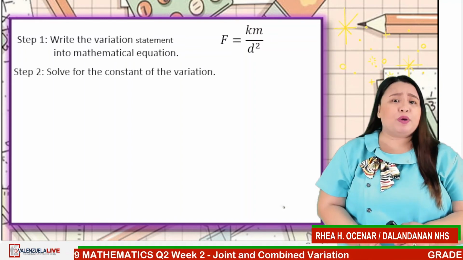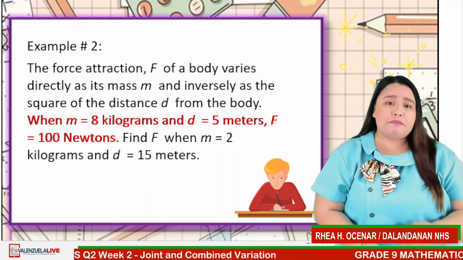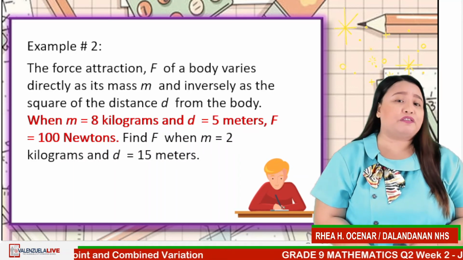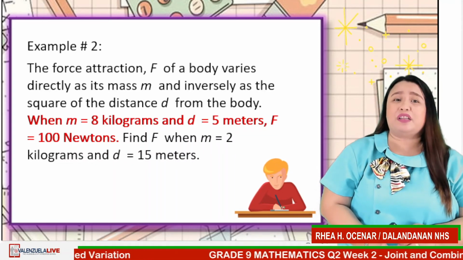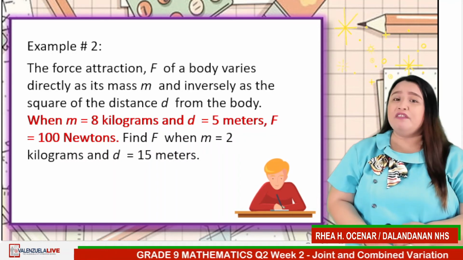Step 2. Since mass is equal to 8 kilograms and distance is equal to 5 meters, if force is equal to 100 newtons, we can now solve the constant of variation.